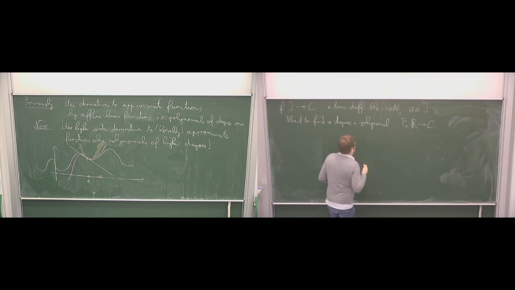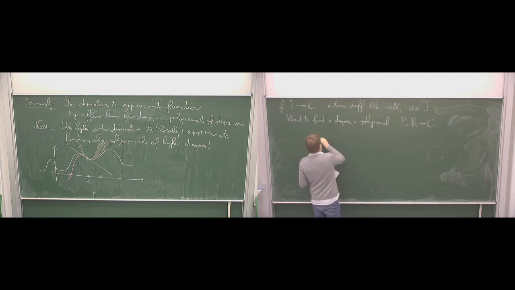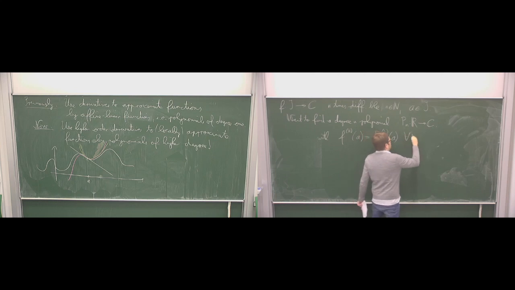What I want now is to have this polynomial coincide as well as possible, and this means we do not only want f to coincide with the polynomial, but we want the derivatives to coincide as well. This means we want that the kth derivative of f in a is the same as the kth derivative of Pn in a, and this for all k from 0, 1 to n.